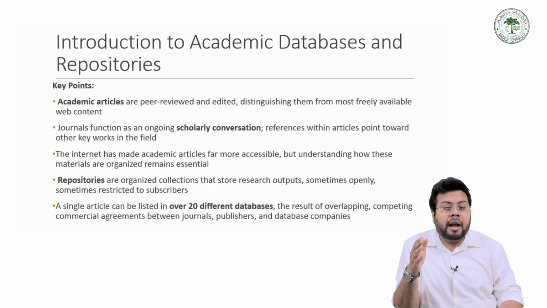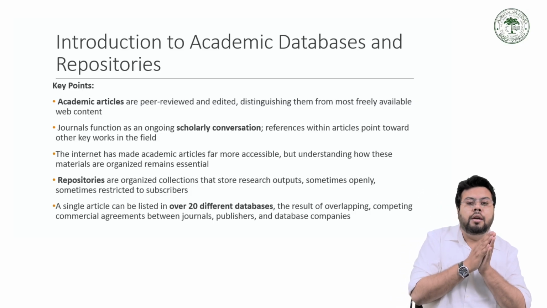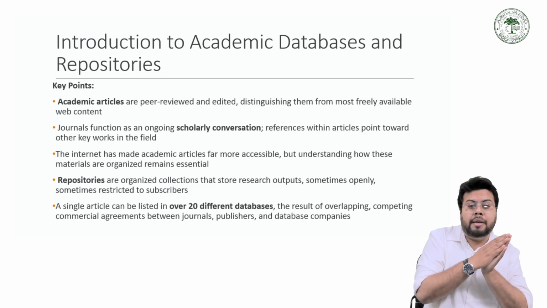This doesn't make academic articles infallible. Plenty of flawed work gets published, but it does mean a layer of quality control exists that most online content simply doesn't have. I want you to think of an academic journal as an ongoing conversation between scholars across time.